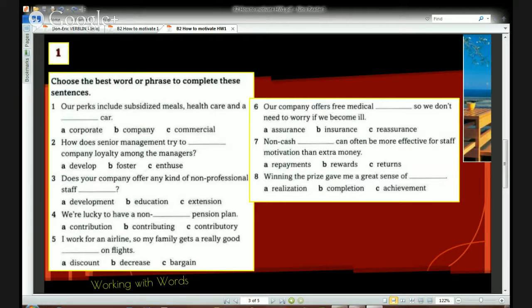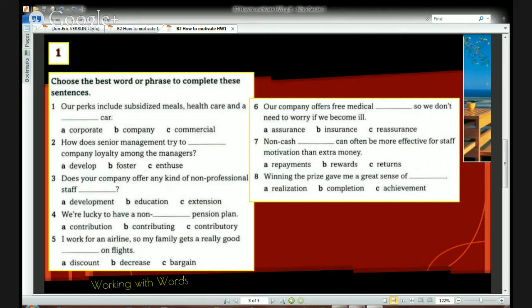It would be develop maybe in French, but in English, well, which one is it not besides develop? Can we enthuse something? Can we enthuse loyalty? Does that sound right?